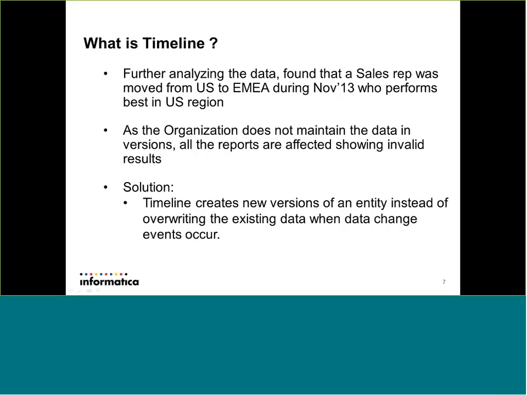So to identify a solution for this problem, we got a concept of versioning. So I have taken the example of a sales rep. It could be of price tags. Like say there are few retail businesses where they have the pricing different from one season to a different season.